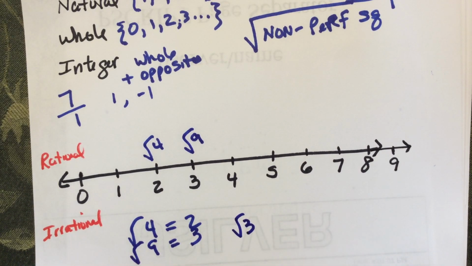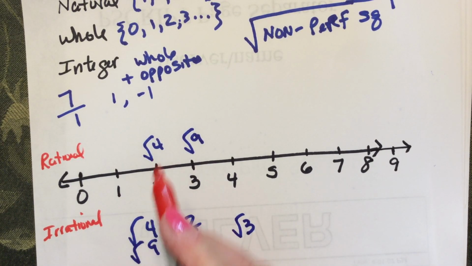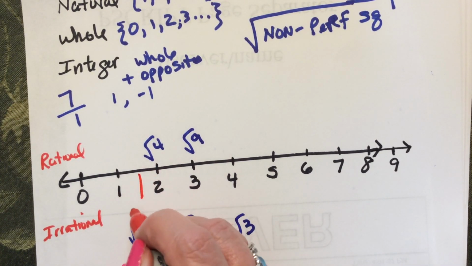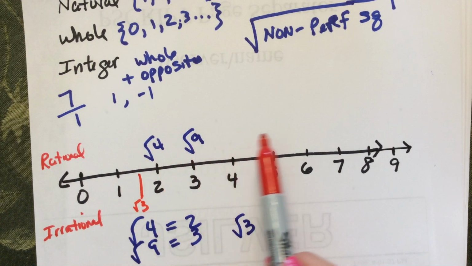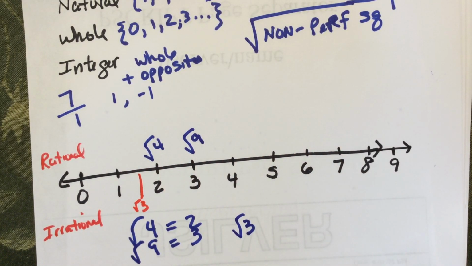Well, the square root of 3, that's going to be a little tougher. I can't really figure out where that one is. Well, it's less than 4, so it's going to be somewhere here. So that is an irrational number. It doesn't fall into the whole numbers, the perfect squares that are rational.